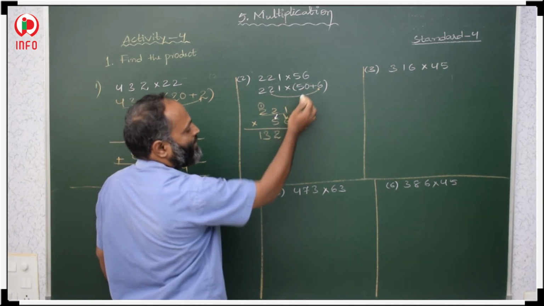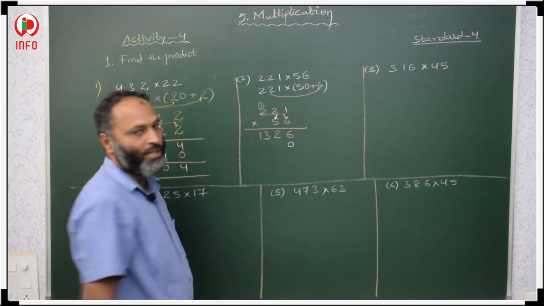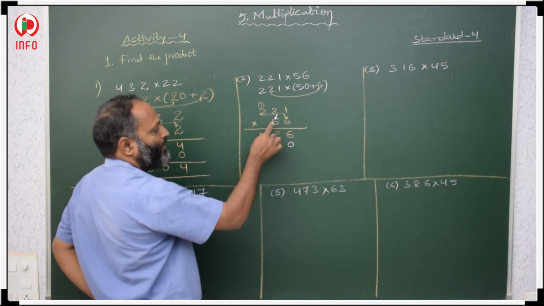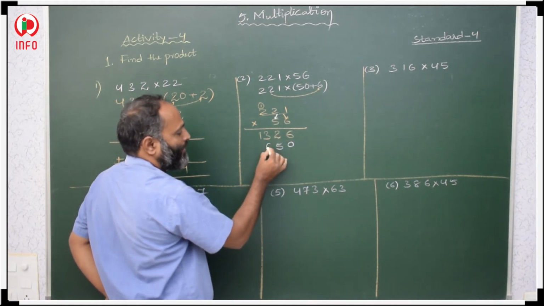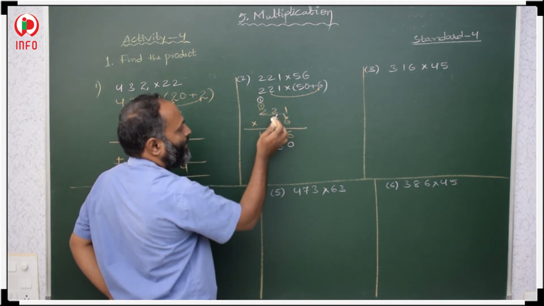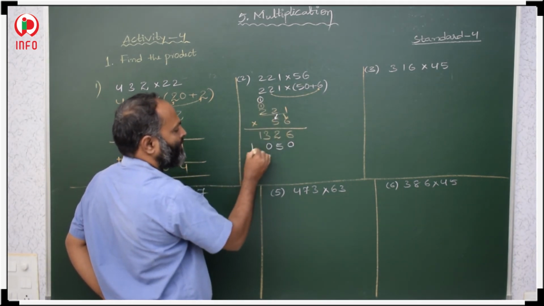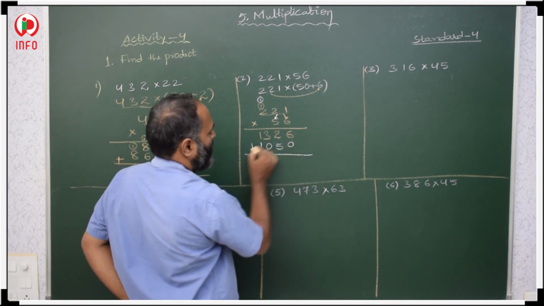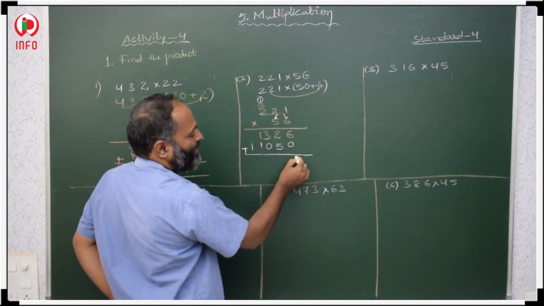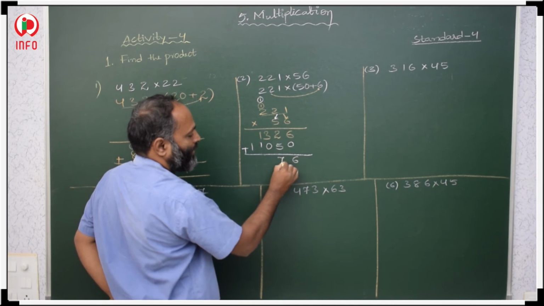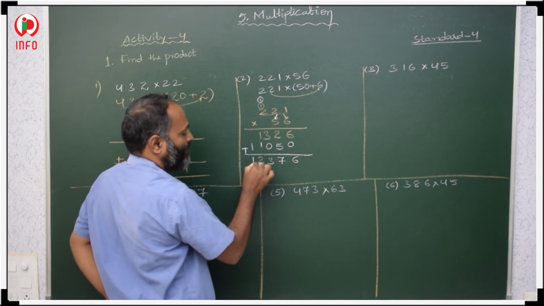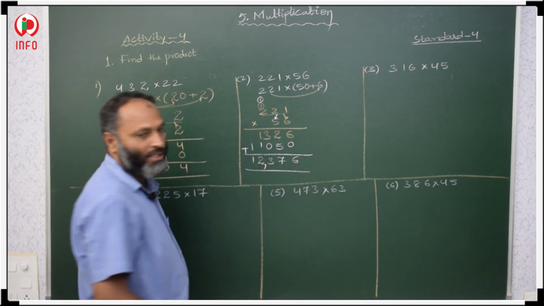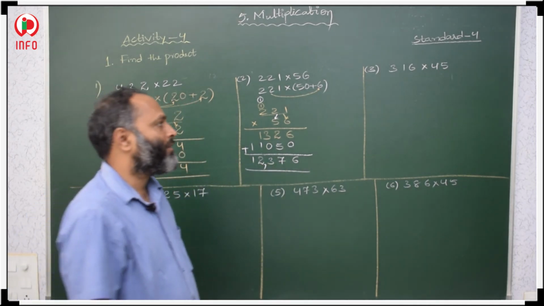In 5 we have 1 zero, first you take 1 zero in the ones place. Now you start multiplication with 5. 5 ones are 5, 5 twos are 10 and here 1, 5 twos are 10 plus 1, 11. Add 6 plus 0, 6, 5 plus 2, 7, 3 plus 0, 3, 1 plus 1, 2 and 1. 12,376.